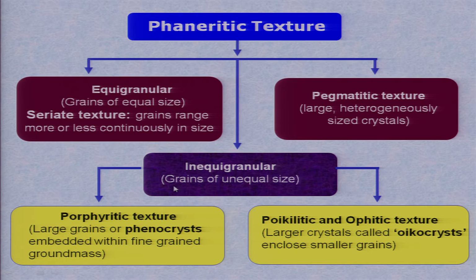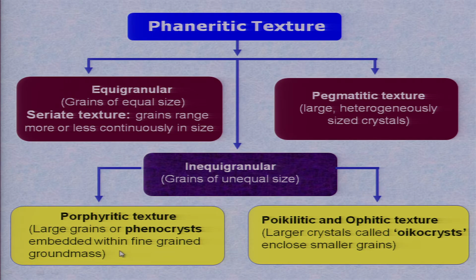Inequigranular texture has grains of unequal size, and based on the inequality of the grains, inequigranular texture is again classified into two major types. One is porphyritic texture, the other one is poikilitic or ophitic texture. Porphyritic texture can be defined as large grains or phenocrysts embedded within a fine grained groundmass.